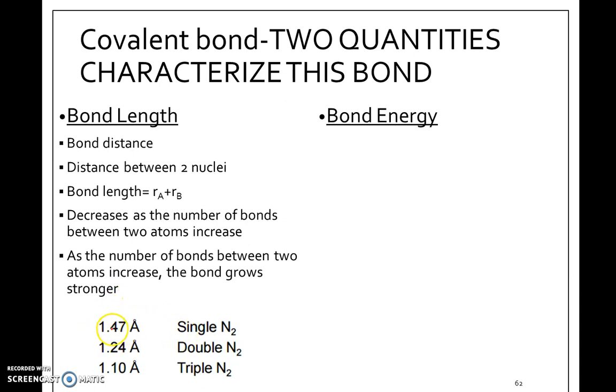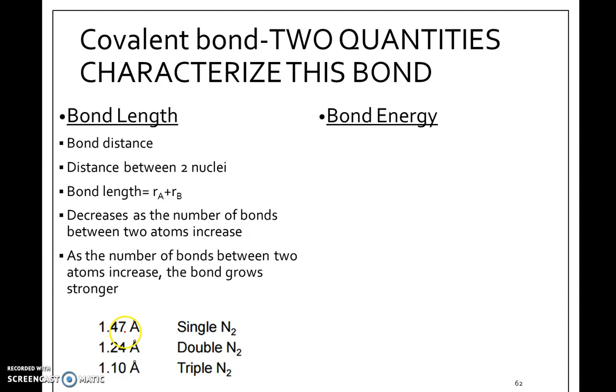If you look at just 2 nitrogens with a single bond, that can be 1.47 angstroms. And remember, we talked about angstroms in chapter 6, maybe chapter 2, so you can go back and refer to that. We're just saying, look at the length.